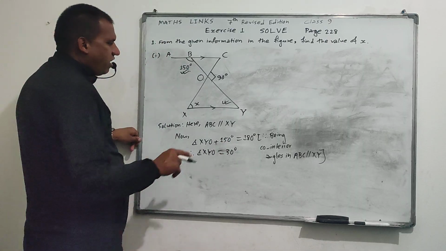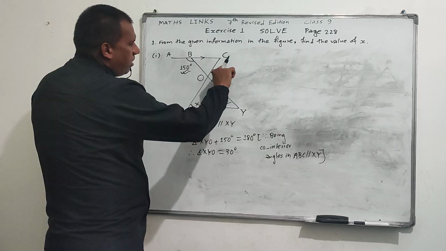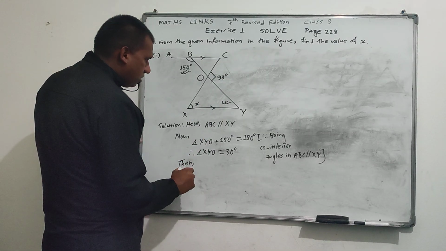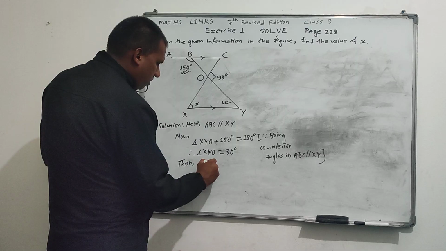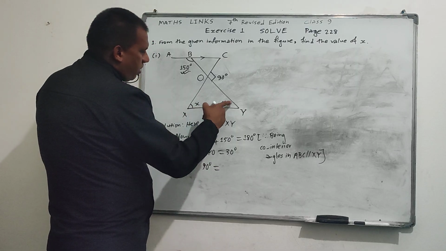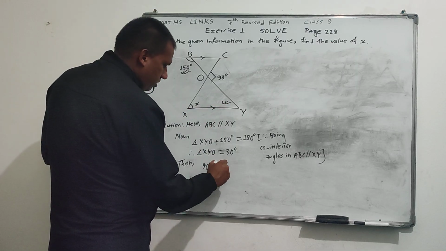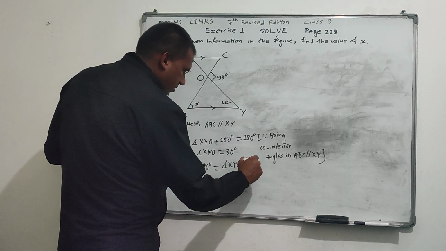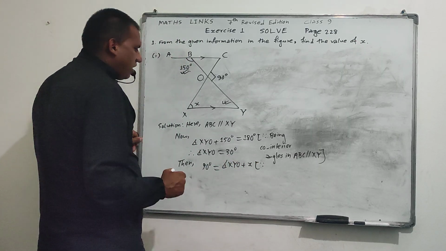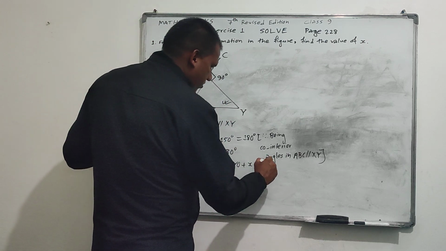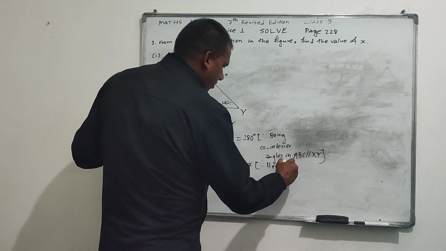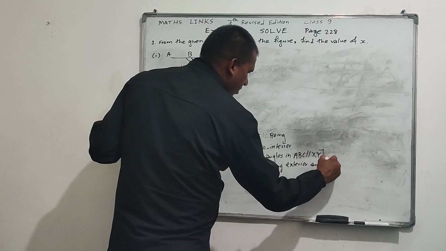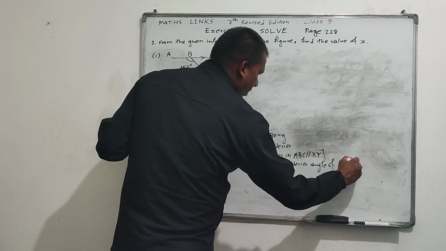Then for triangle XYO, this 90 is the exterior angle. Then we can write 90 degrees equals angle XYO plus x, being the exterior angle of triangle XYO.